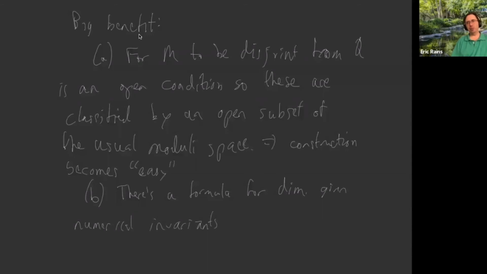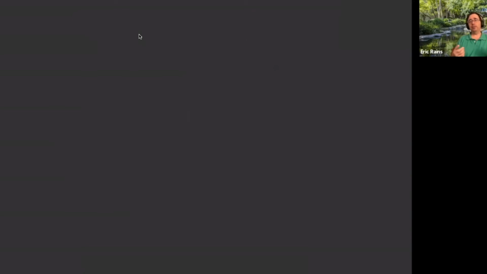Now, when I say there's a formula for the dimension, of course, we should be careful. It's really a formula for the expected dimension. And then we have to be a little careful about when the expected dimension is actually the right thing. But the point is, we know what infinitesimal deformations of sheaves look like.